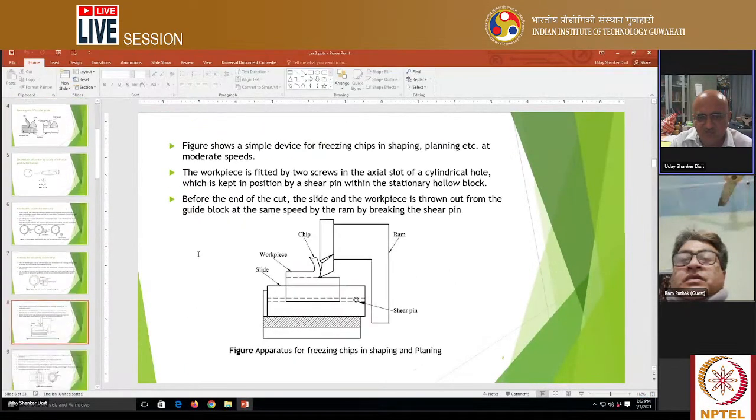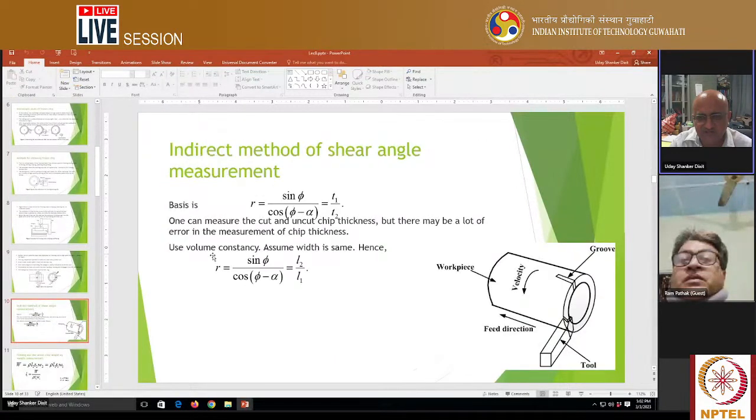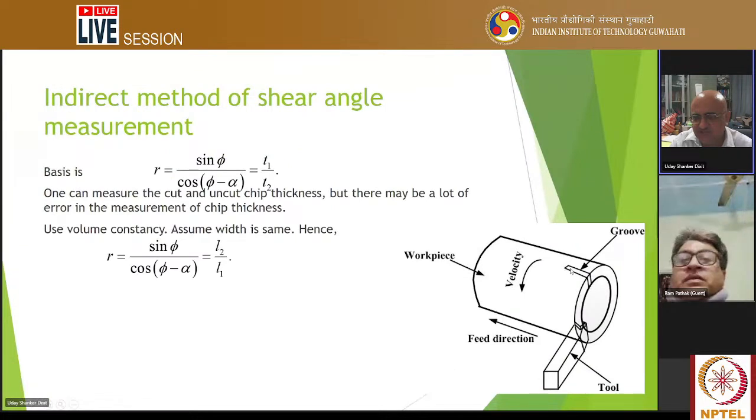Experimental study. Suppose you want to study experimentally, then there are two methods. One is that we are having a cut. I already know that one chip length will be only this much, 2 pi r, because of the periphery. After that it will be broken. So I have done a cut and then I will know the length.